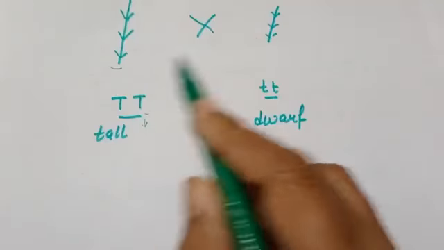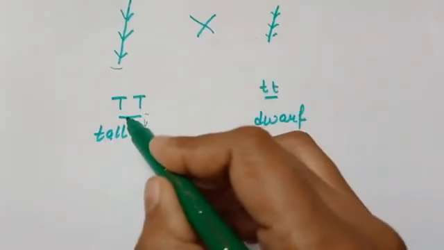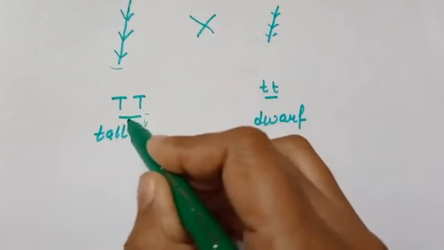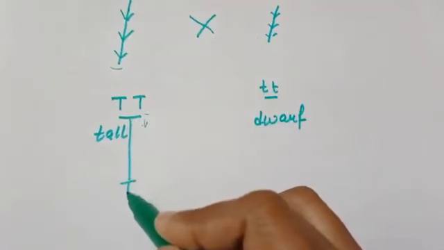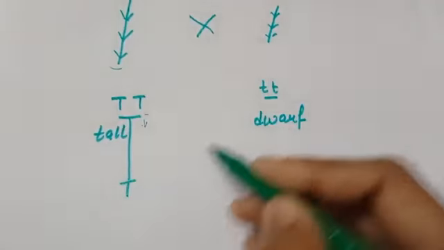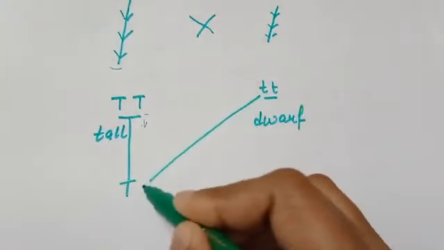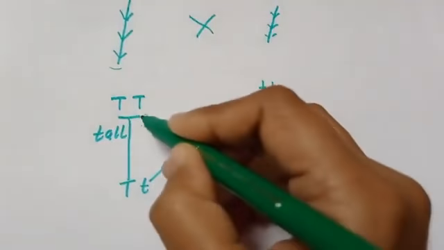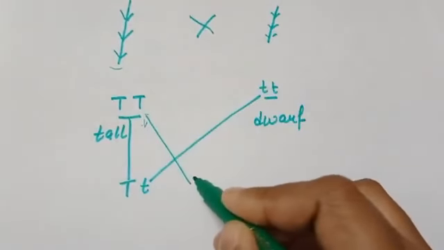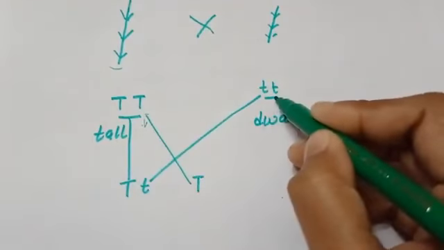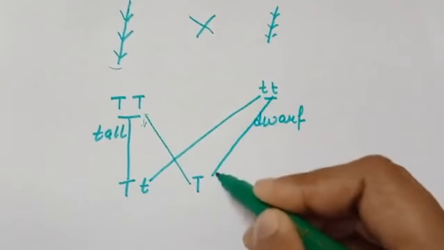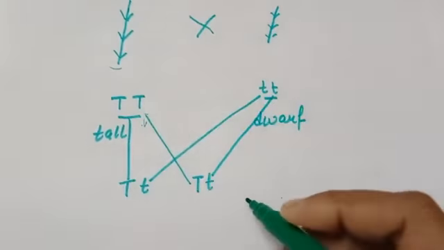If these two cross with each other, then the T can come from here, and from here also, and form Tt. From here also capital T is there, and from here the second small t comes.